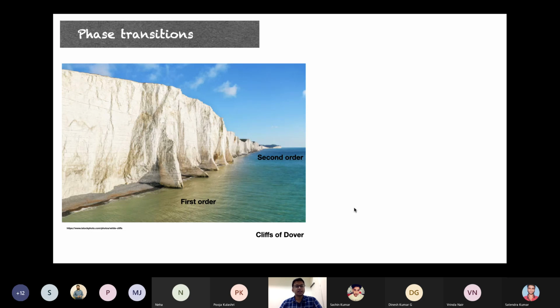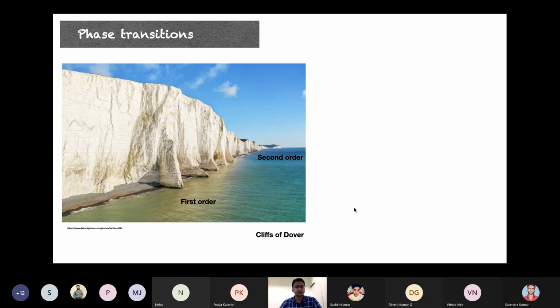I chose this picture for a particular reason, and probably you have already guessed it. I wanted to correlate this with phase transitions. If you start from the front side, where there is a very tall cliff, on one side there is land and on the other side water. If you want to go from water to land or vice versa, you need to climb or jump.